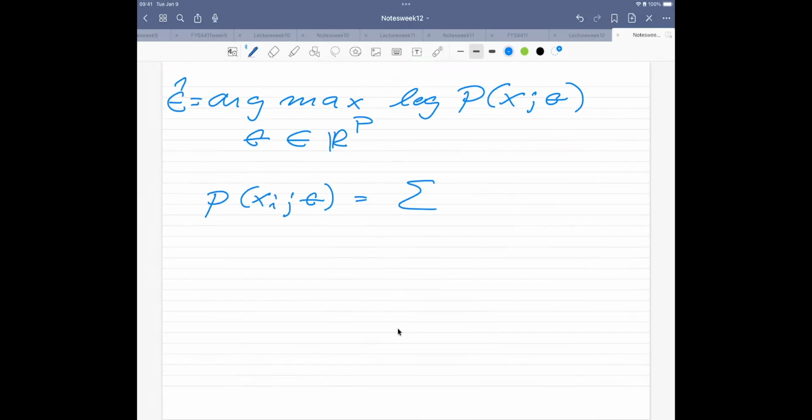So that means that we are summing over all these latent variables, and these are elements in a domain H. And then we have this P of xi, hj, and theta. This is what we call the marginal probability. This is what we want.